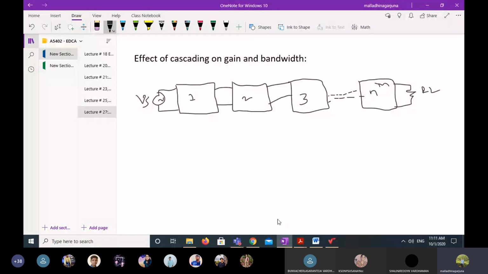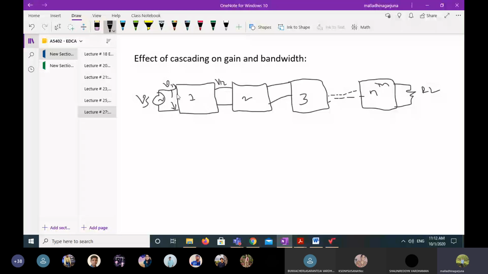So now you are taking the multi-stage amplifier. Here my input is, let us say, V11, and this is the input stage, without taking the source resistance. The output of the first stage is V12. So V11 is the input of the first stage, V12 is the output of the first stage.